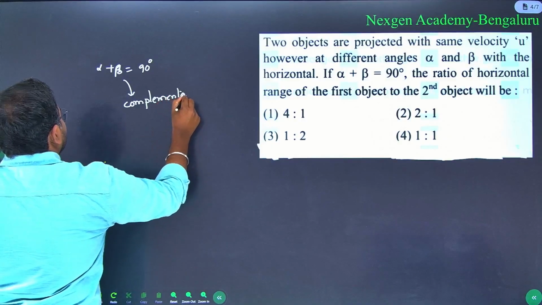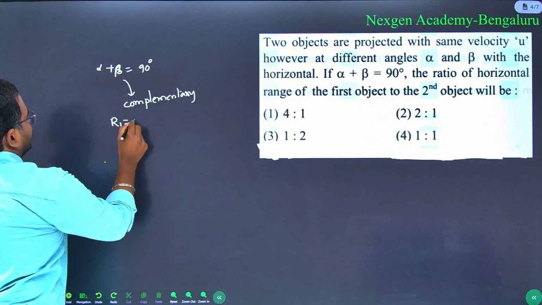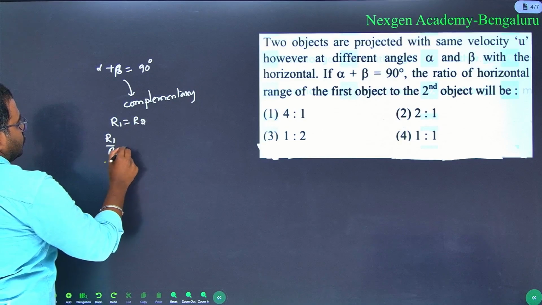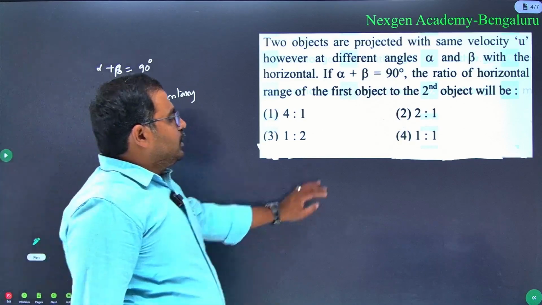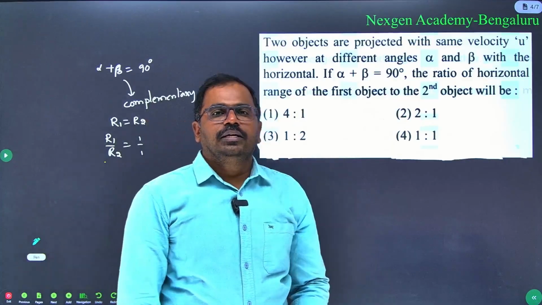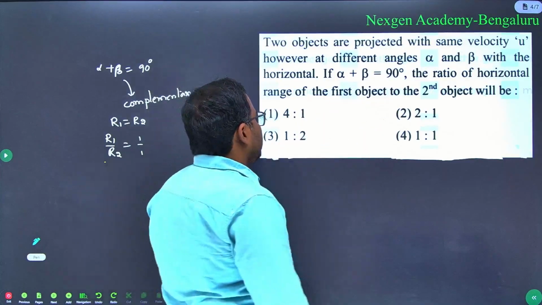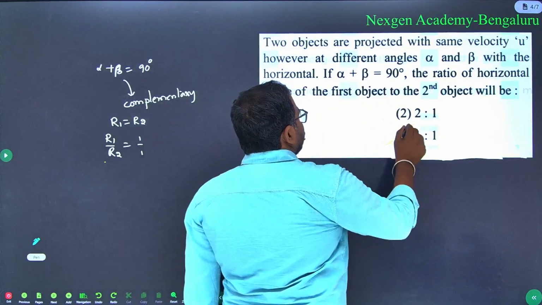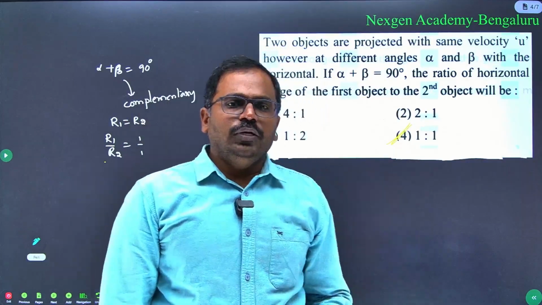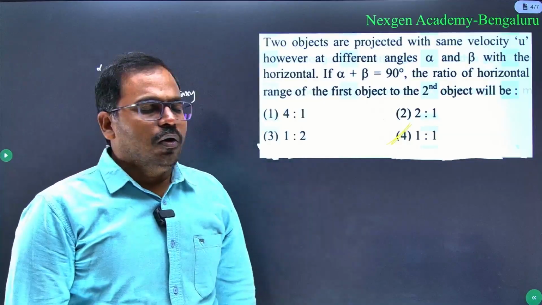For complementary angles, we know that R1 is equal to R2, nothing but R1 by R2 is equal to 1 by 1. The question asks for the ratio of the horizontal range of the first object to the second object, which will be 1 is to 1. Nothing to discuss here; you only need to identify that they are complementary angles. Theta 1 equal to theta and theta 2 equal to 90 minus theta means theta 1 plus theta 2 is automatically 90, right? Okay, next.